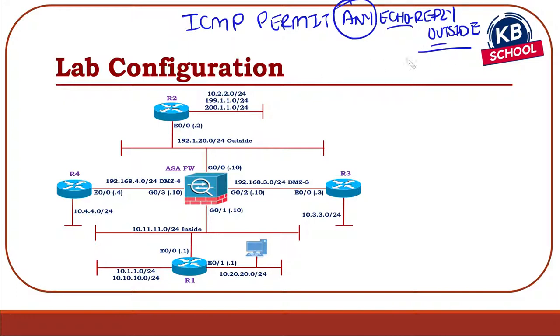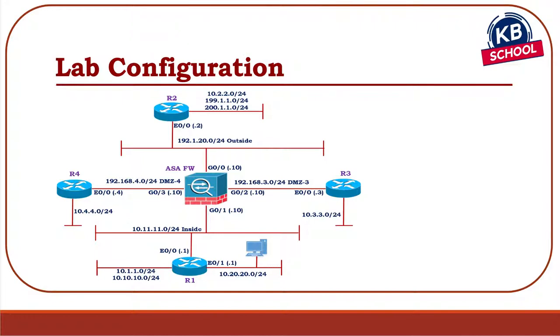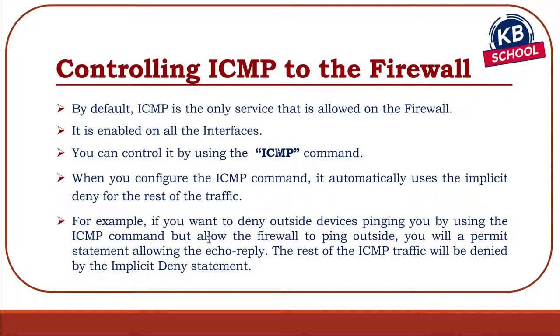I don't need to say deny any outside now, because as soon as I put one line in, it implicitly, automatically puts a deny any on that interface for any other traffic. So the only traffic that will be allowed on the outside will be your echo reply. Okay, so that's something that you also need to keep in mind. By default, everything is allowed, but as soon as you configure one command, everything else will be blocked.